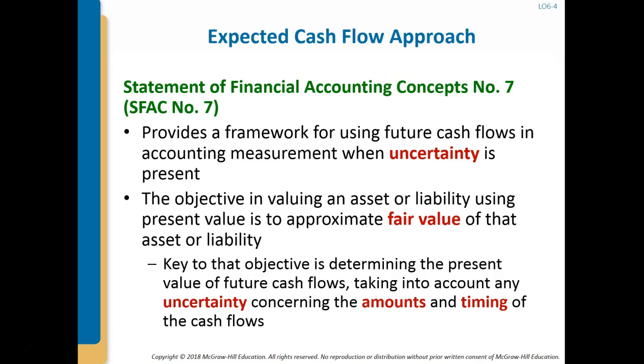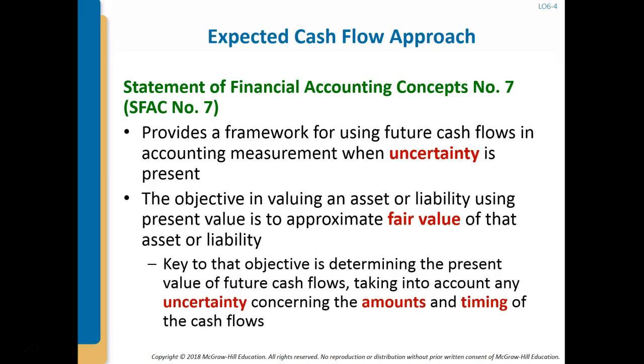Present value measurement has long been integrated with accounting valuation and is specifically addressed in several accounting standards. Because of its increased importance, the FASB issued Statement of Financial Accounting Concept number 7, using cash flow information and present value in accounting measurements. This statement provides a framework for using future cash flows as the basis for accounting measurement and asserts that the objective in valuing an asset or liability using present value is to approximate the fair value of that asset or liability.